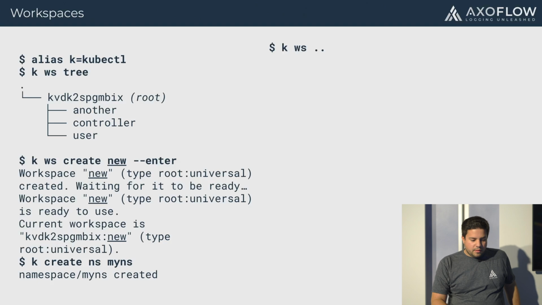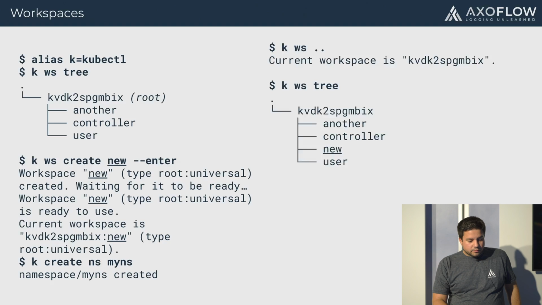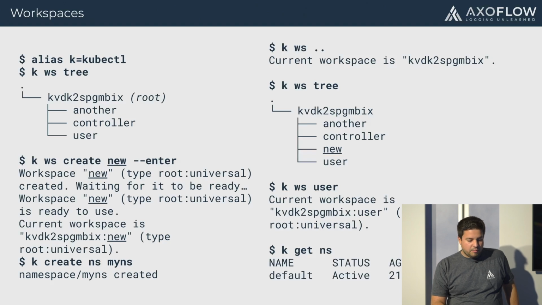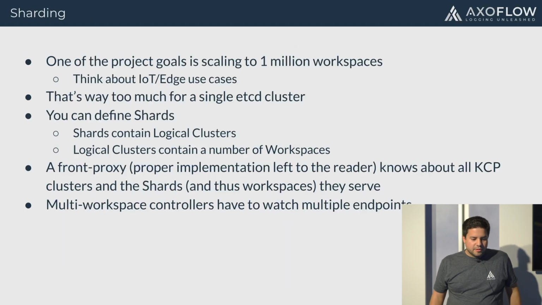So I now moved back to my root workspace, and then I listed the existing workspaces again, so you can find the new one there. And I will enter into a different one, so not the new, but the user. And of course, if I list the namespaces, then I won't see the my-ns, which I created in the other workspace. So this is how you walk around.